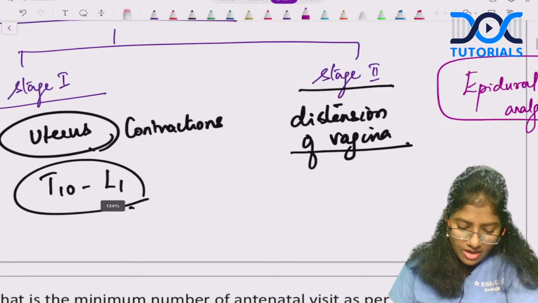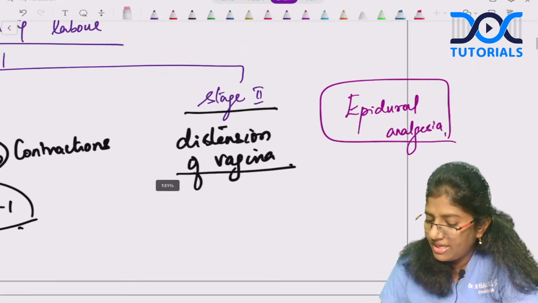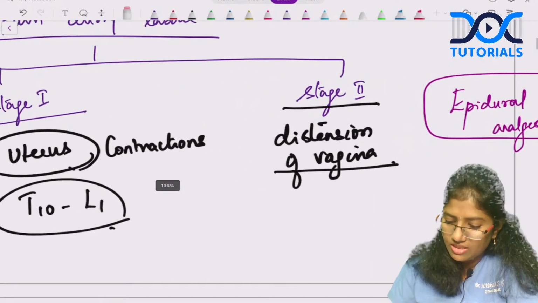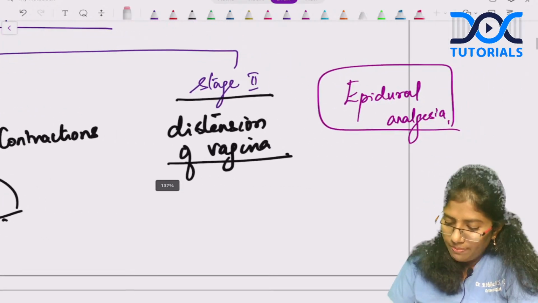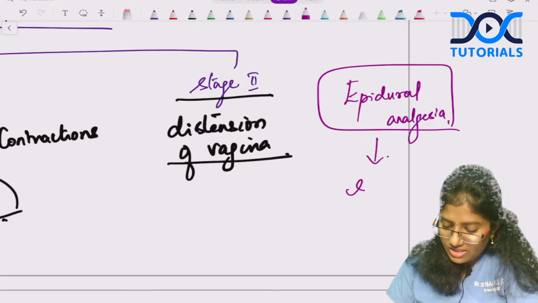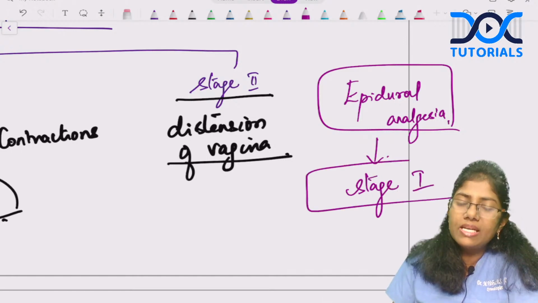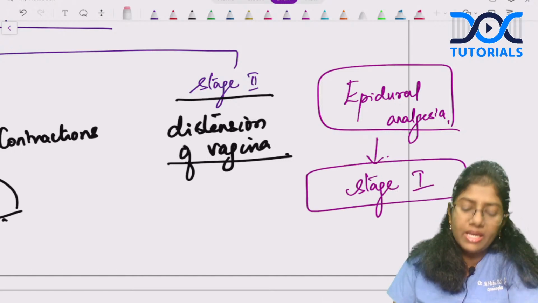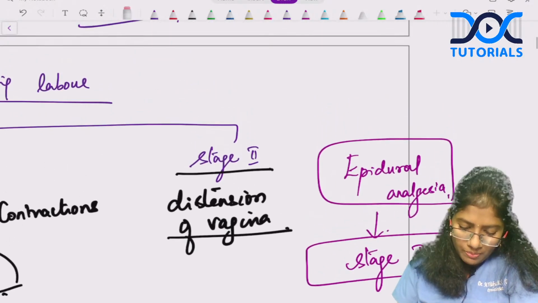Does it address the pain during stage 1 or stage 2? Epidural analgesia mainly addresses pain during stage 1 of labor.